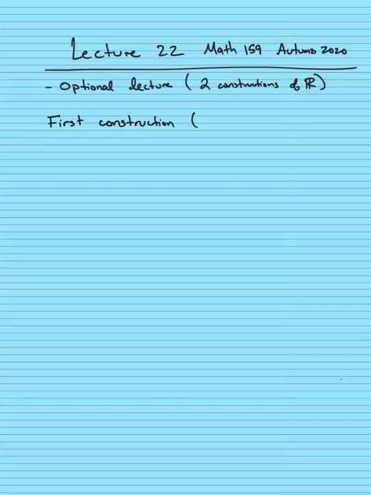is due to Dedekind. So these are called Dedekind cuts. Okay, so before I start saying what these are, again, remember what we want to do is we want to define a set. We want this set to have certain operations, so ways to combine elements of the set to get new elements of the set.